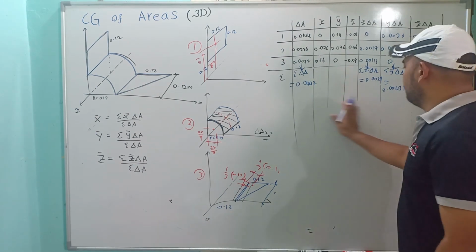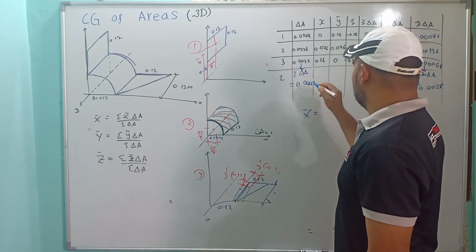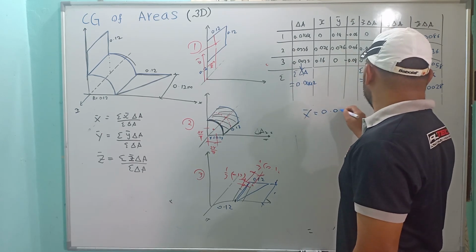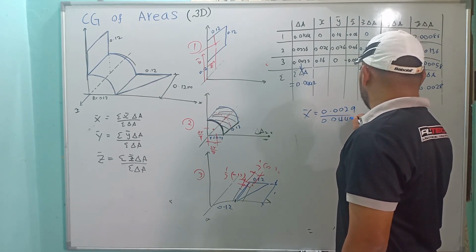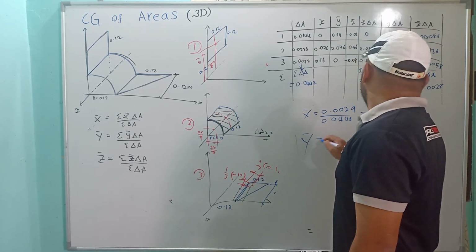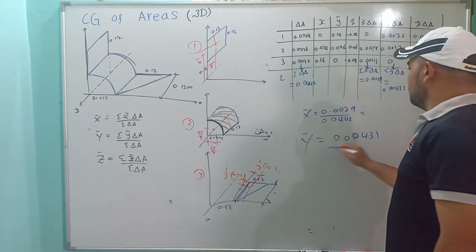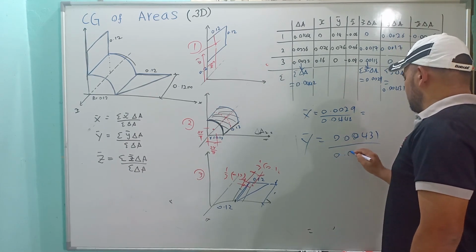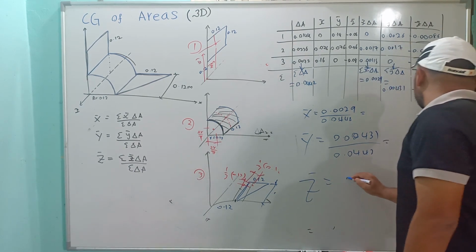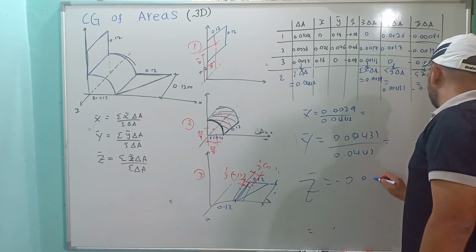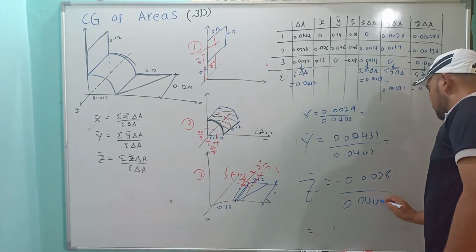Then put in the equation: x bar equals 0.0029 divided by 0.0442, y bar equals 0.0431 divided by 0.0442, z bar equals minus 0.0028 divided by 0.0442.